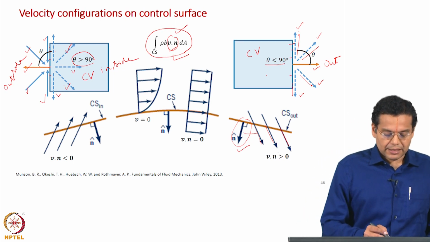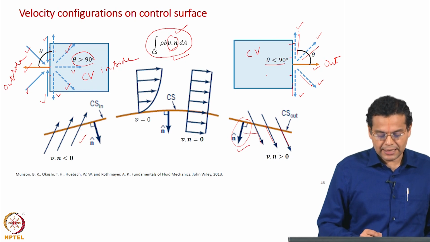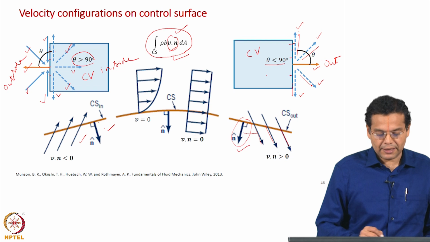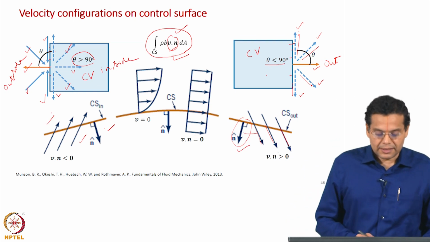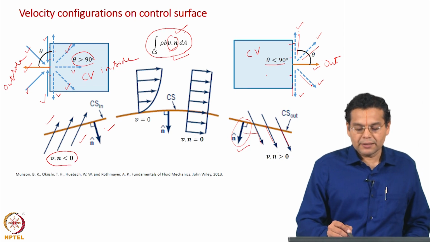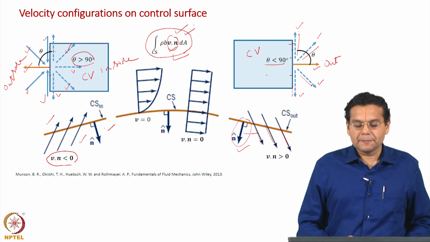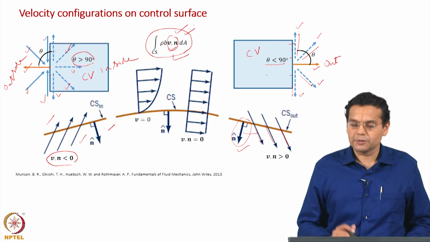Another representation of the inflow boundary is shown here, and once again the angle between the normal vector and the velocity vector will be more than 90 degrees, resulting in v dot n less than 0. So, this expression for the inflow boundary is negative, and for the outflow boundary is positive.